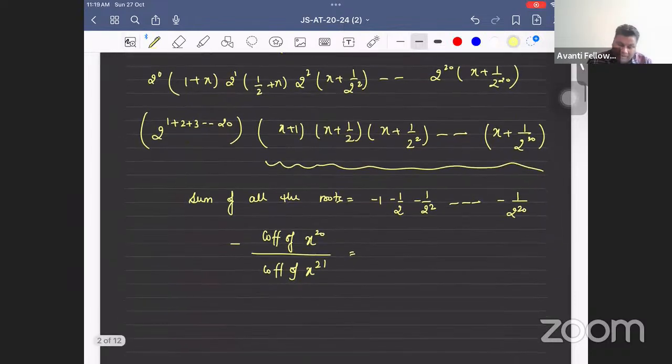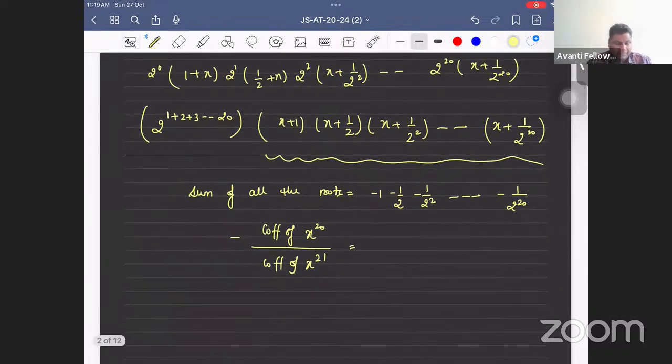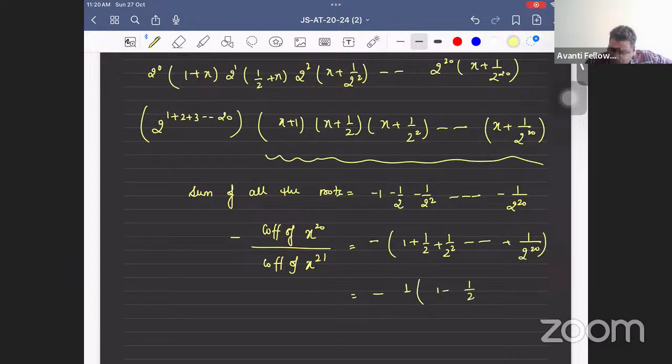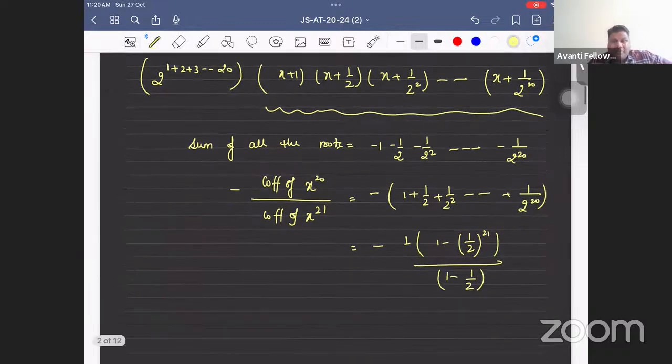So this will be what? Apply the sum of GP. So that would be, take minus common, 1 plus 1 by 2 plus 1 by 2 square and so on, 1 upon 2 raised to the power 20. So it is a times 1 minus r raised to the power 21 upon 1 minus r, where 1 minus r is 1 minus 1 by 2.